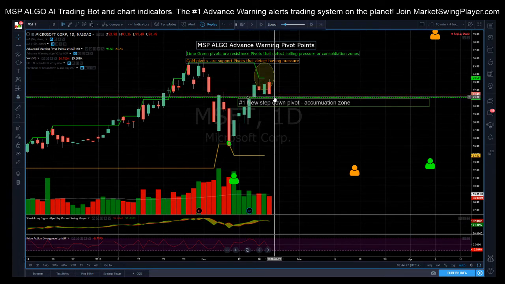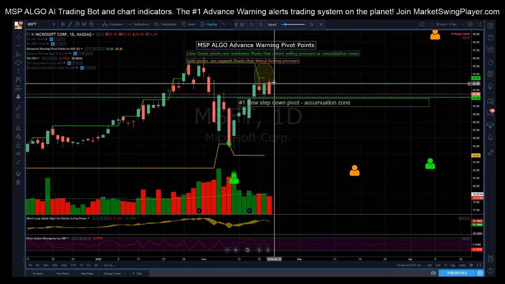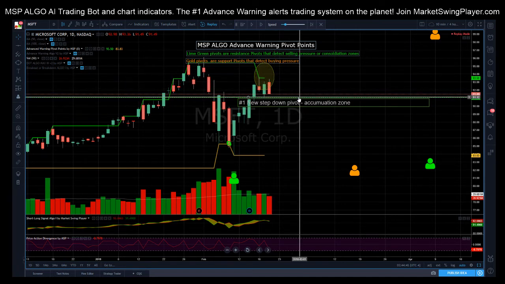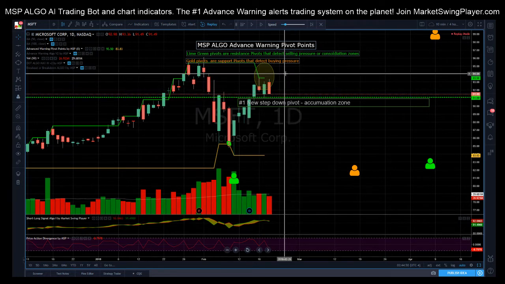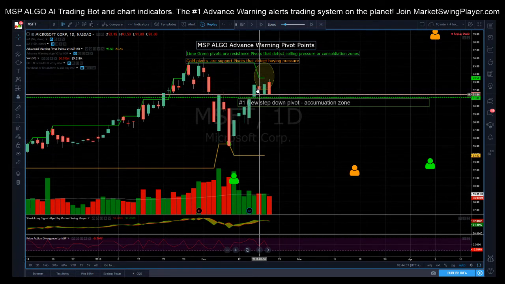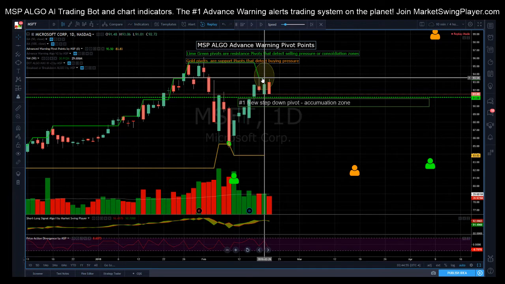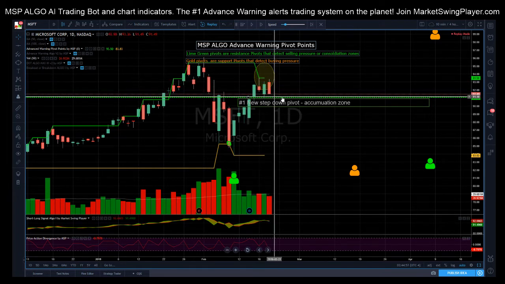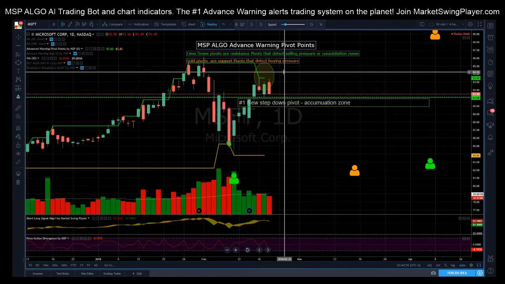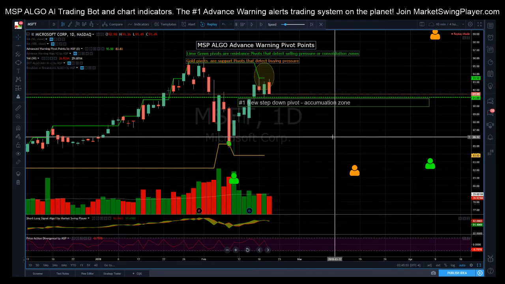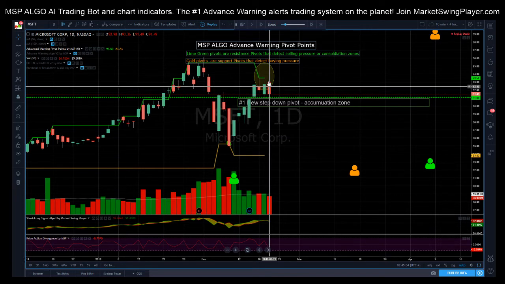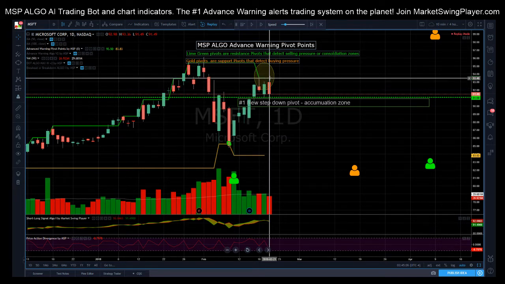If it starts to chop here, you want to see the retest. Normally it'll break out, and then if it fails to hold that breakout, it's going to pull back. So this type price action is normally down, chop, pop, drop.